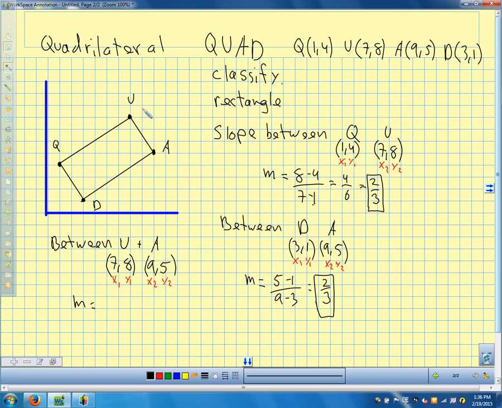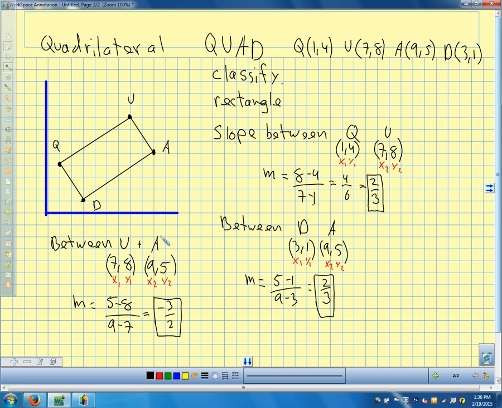All right, what do we get here? Negative what? Negative 3/2. So I'm going to do 5 minus 8 here over 9 minus 7. So we get negative 3/2. Nice calculating slopes.